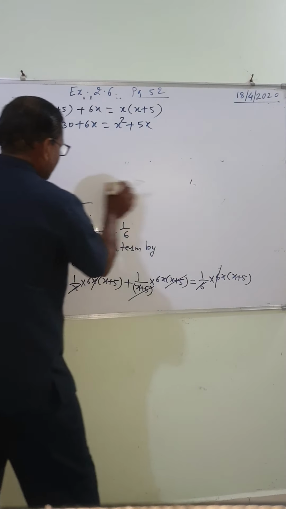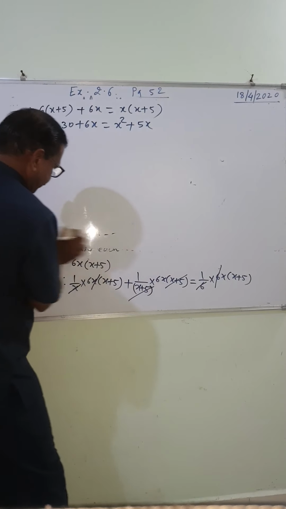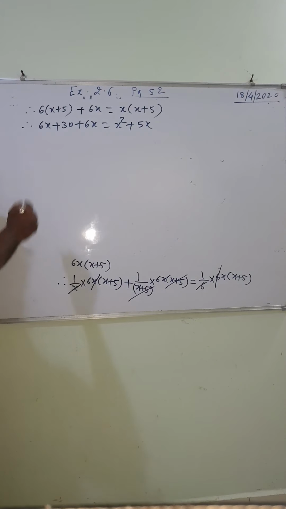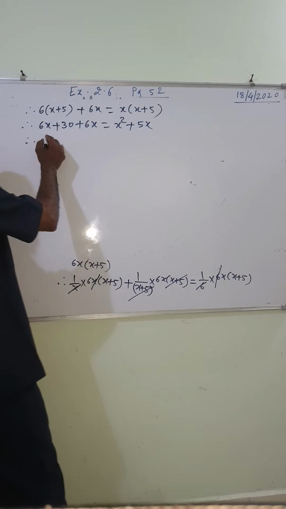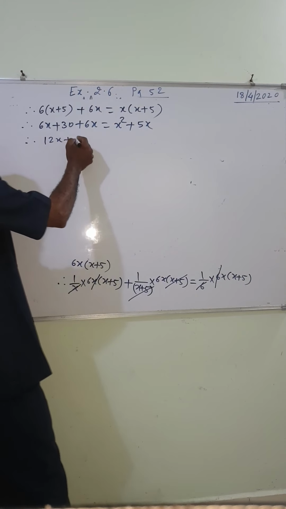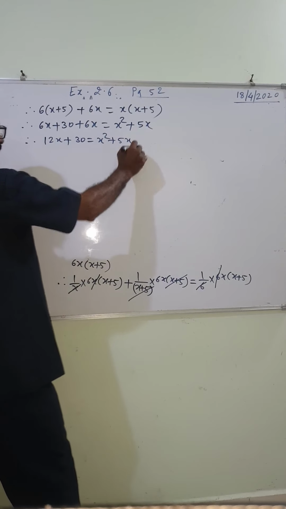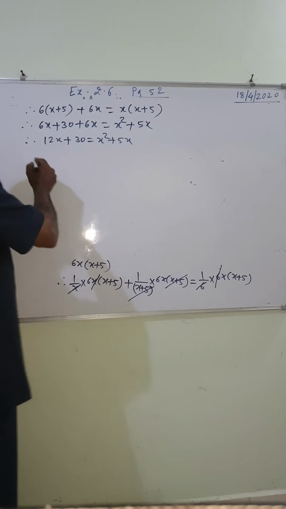Take very simple steps so that nothing goes wrong. Now, this 6x plus this 6x will be 12x, plus this 30, is equal to x square plus 5x. Shift this whole term over there, here it will remain 0.